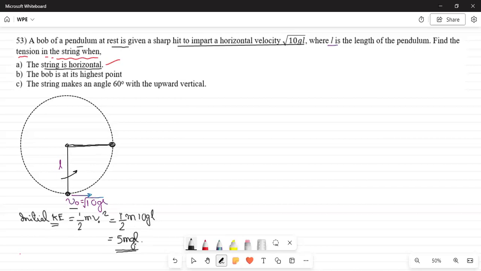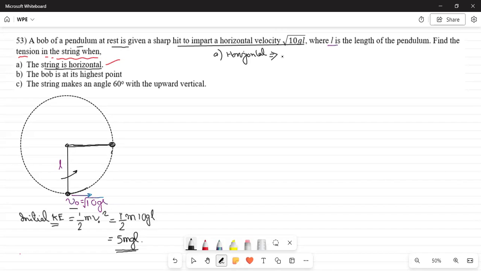Now let us go to part A, when horizontal. When it goes from here to here, its increase in potential energy is mgL.